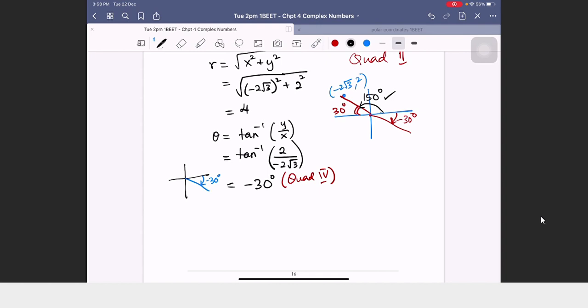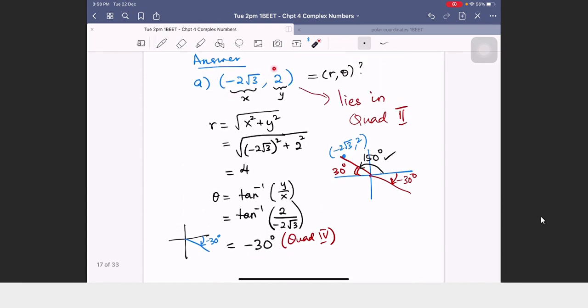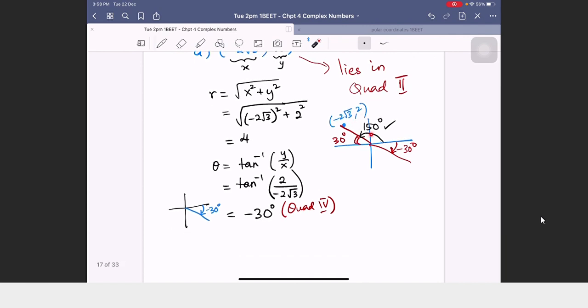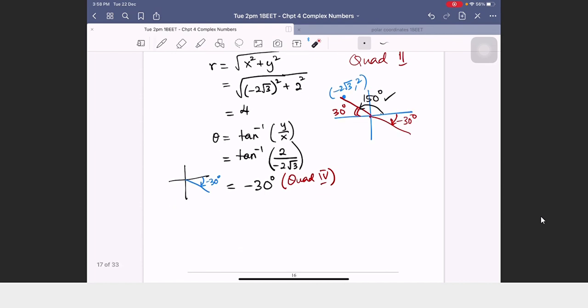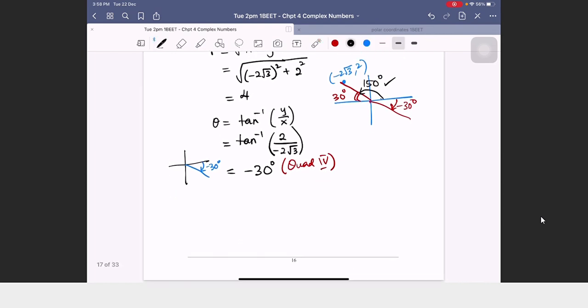So we can write a longer conclusion, or you can just refer from here. You know that this is quadrant 4, and from the question this coordinate lies in quadrant 2, hence you must find your quadrant 2 angle. Once you have found the right angle, you can straight away conclude.